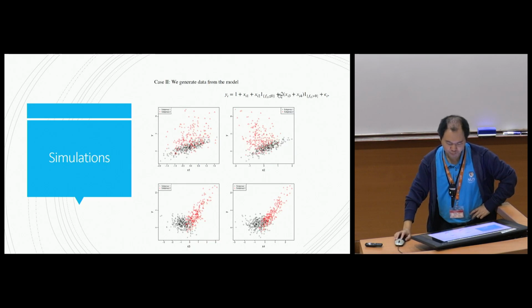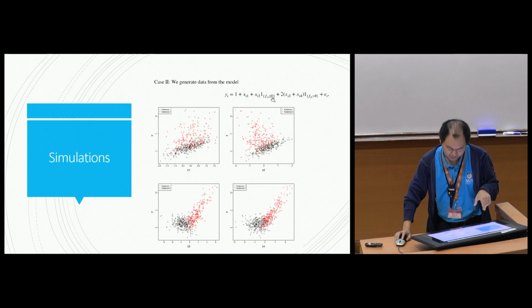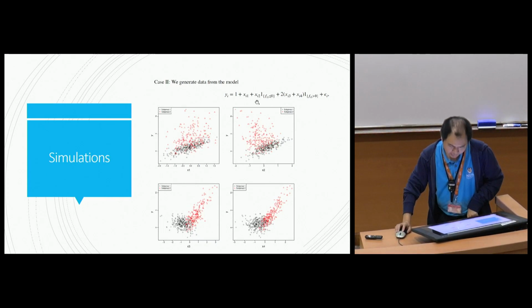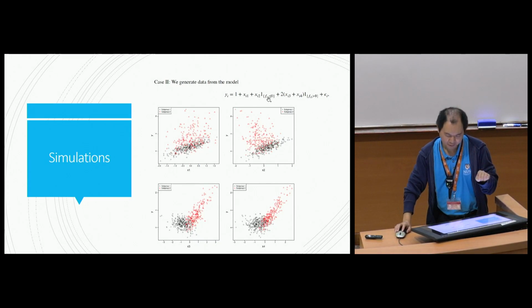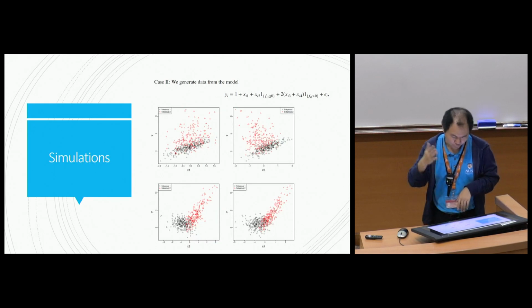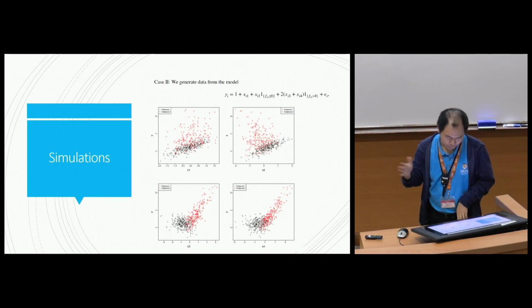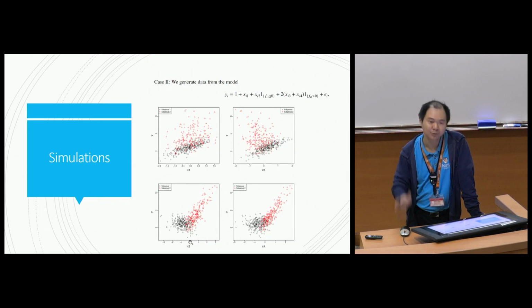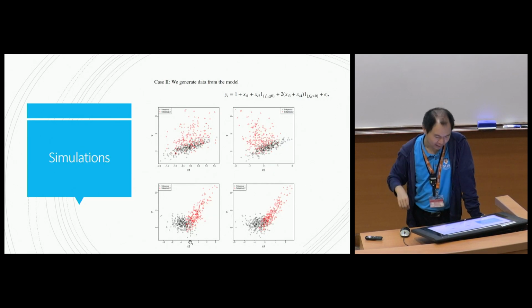The two groups are actually defined according to this F. And since here we have 4 predictors, from F we generated 4 X variables. In these graphs, I showed you the scatter plots of Y against these 4 predictors. And you can already see that for X3 and X4, these two groups are separated quite well.